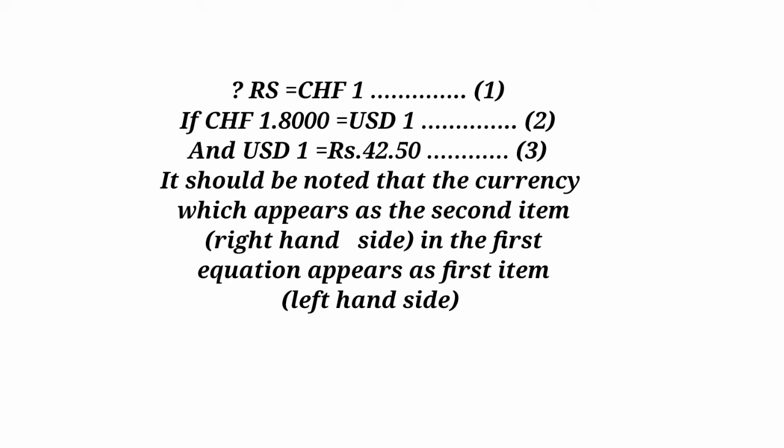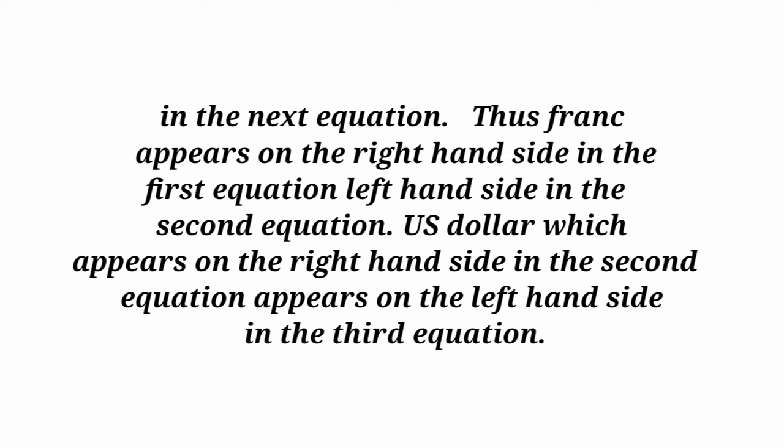It should be noted that the currency which appears as the second item on the right-hand side in the first equation appears as the first item on the left-hand side in the next equation. Thus, franc appears on the right-hand side in the first equation and on the left-hand side in the second equation.